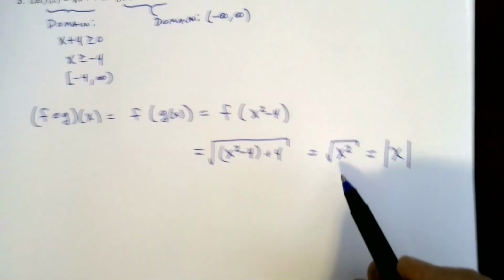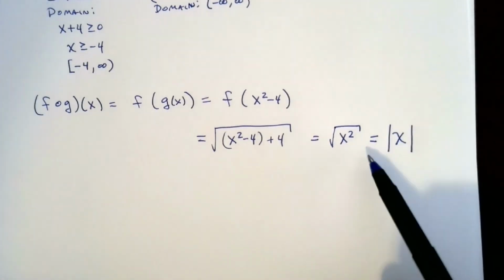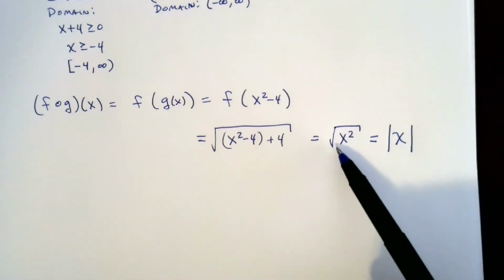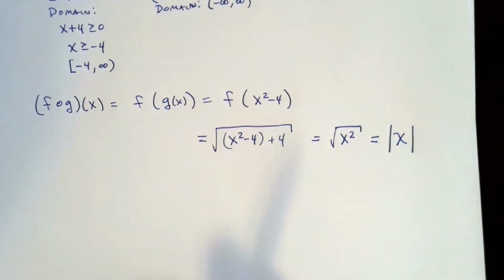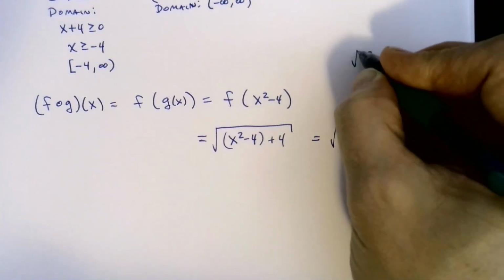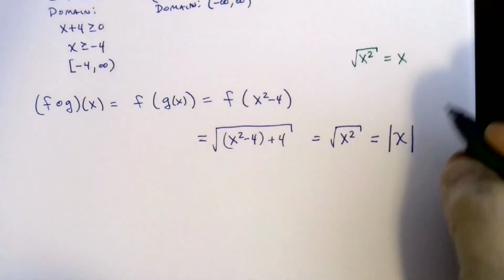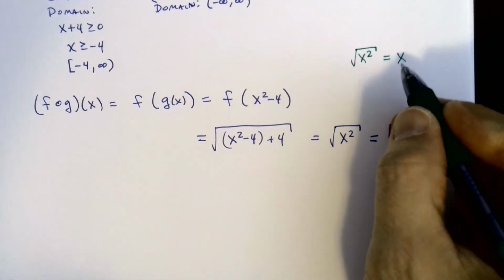This is something that you should have talked about in your elementary algebra when you were dealing with radicals and exponents. A misconception is to say that the square root of x squared is always equal to x. Well, that's not true for all real numbers. In particular, it's not true if x is any negative number.